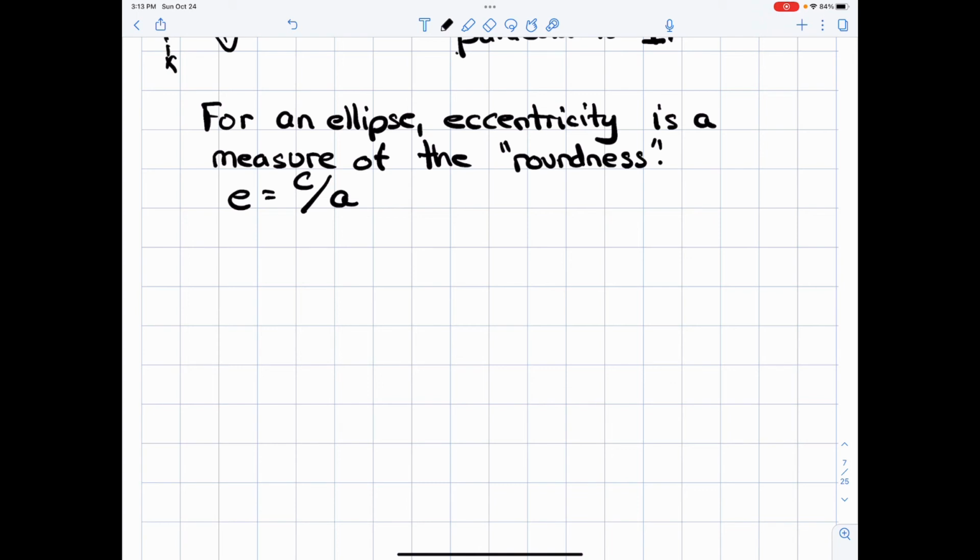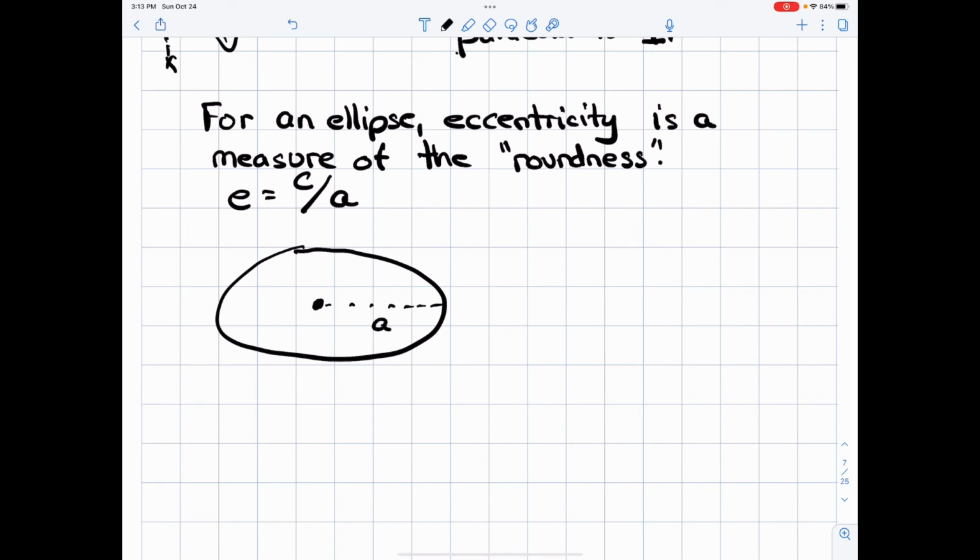By our definition of an ellipse, we know that A squared is going to be greater than B squared because we define A to be along the major axis, B to be along the minor axis.